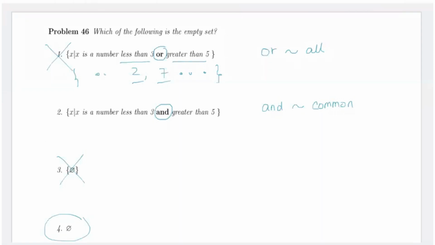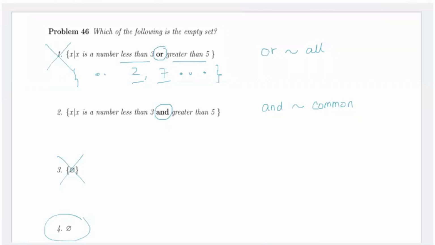Let's look at number 2. X is a number less than 3 and greater than 5. I want you to find one number, just one number, that satisfies both conditions, the common condition, which is a number that is less than 3 and at the same time greater than 5. Is there such a number?